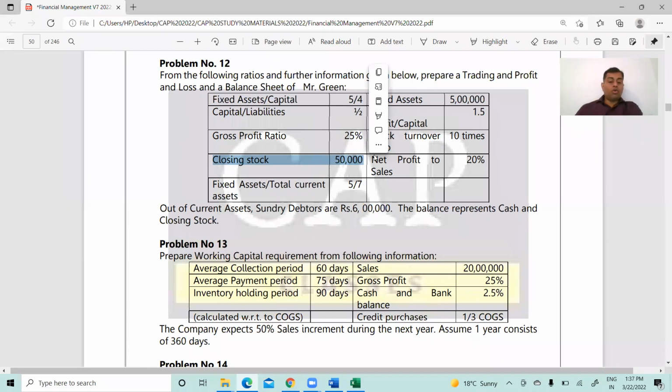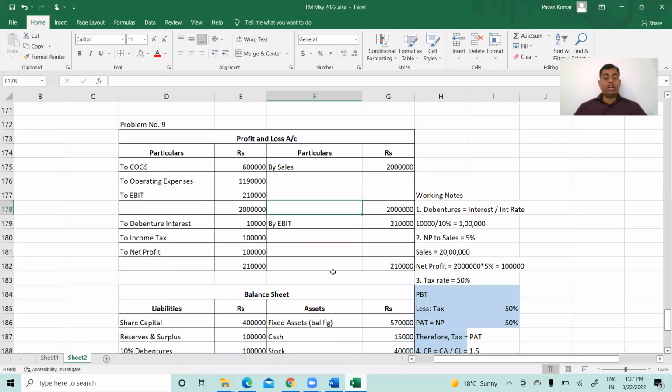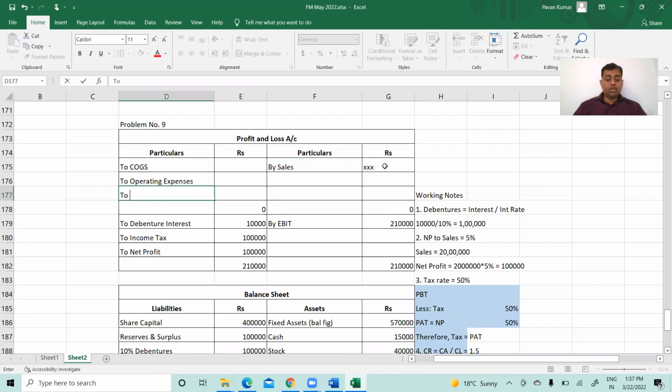Many students make one common mistake. Here they write sales XXX, and they know gross profit, so here they write to gross profit XXX, and to cost of goods sold.